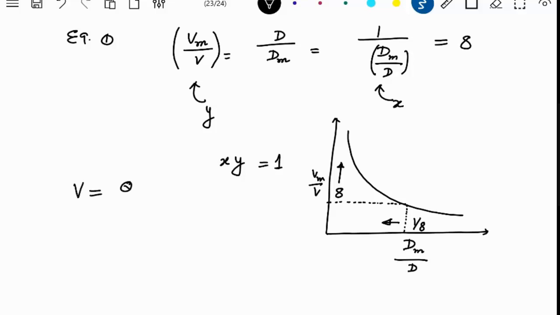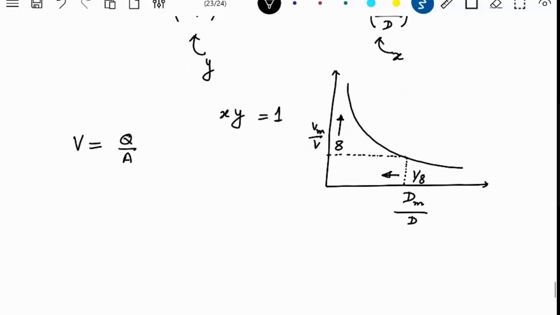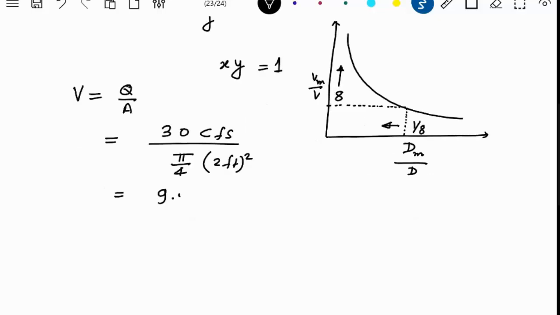Now what will be the value of V? V is equal to Q divided by area, and area we know, Q we know, so Q is 30 cubic feet per second, that is CFS, divided by pi by 4 D squared, and diameter is 2 feet. So velocity will be 9.5 feet per second. So now I can calculate Vm. Because I know the discharge, I know the area, I can calculate velocity in the prototype.